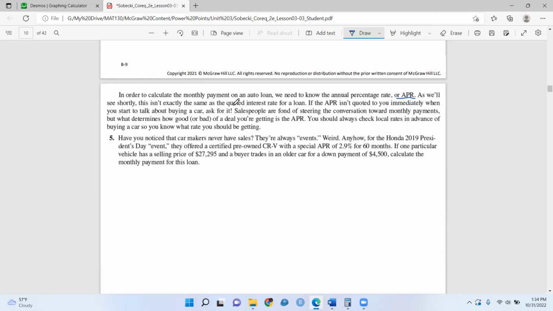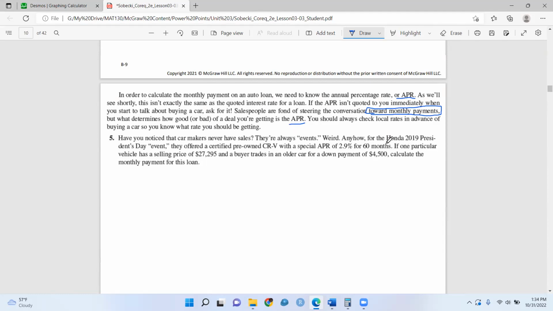You're going to find out this isn't exactly the same thing as interest, the quoted interest rate. Lots of times people like to talk about the monthly payments because that's easier to understand and it's easier to make you think you're paying less or more. It's best to think about the APR in terms of, are you getting a good deal?